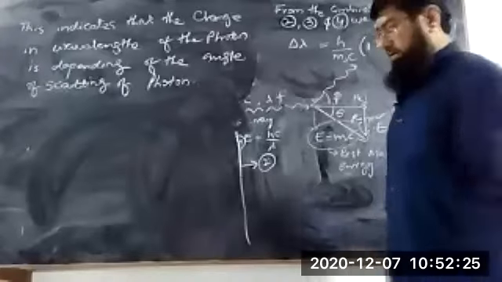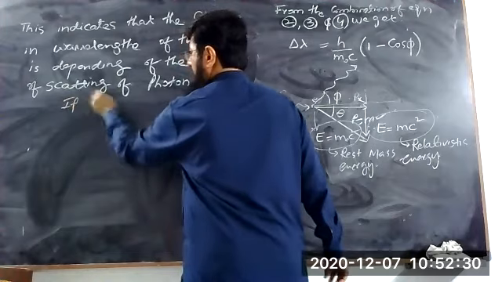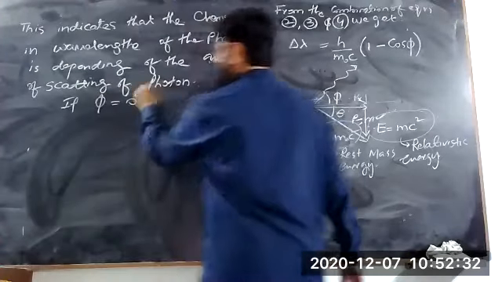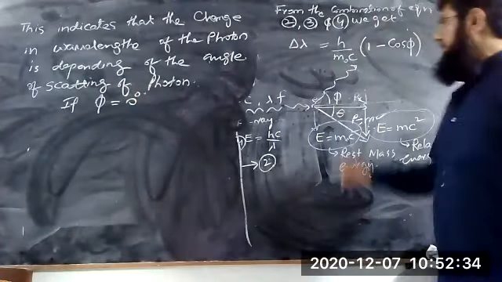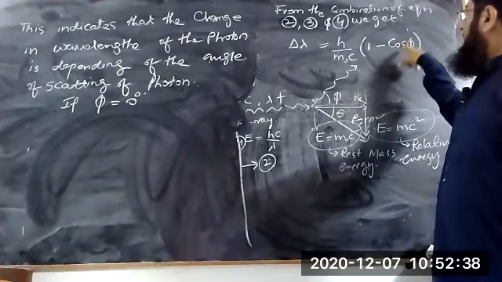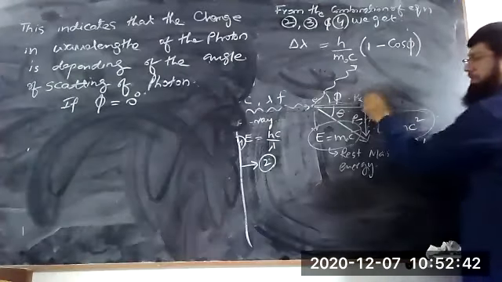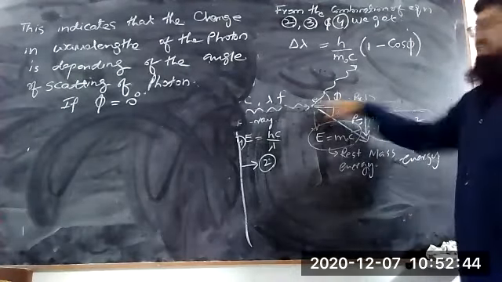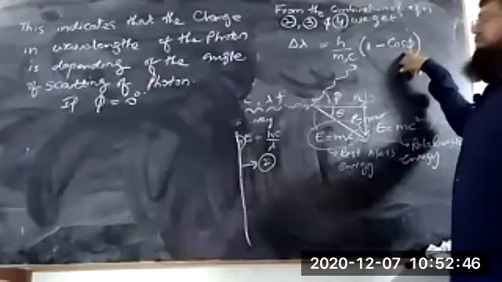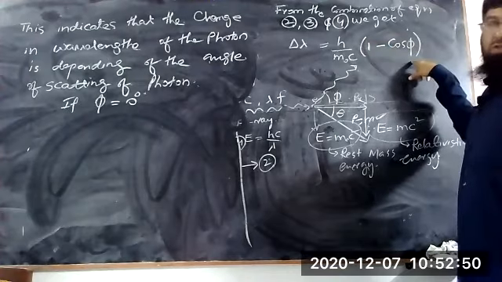So here, if phi is equal to 0 degrees, it means the photon is moving unscattered. It means the energy transformation is 0. Phi 0 gives cos of 0, which is equal to 1. 1 minus 1 gives 0.